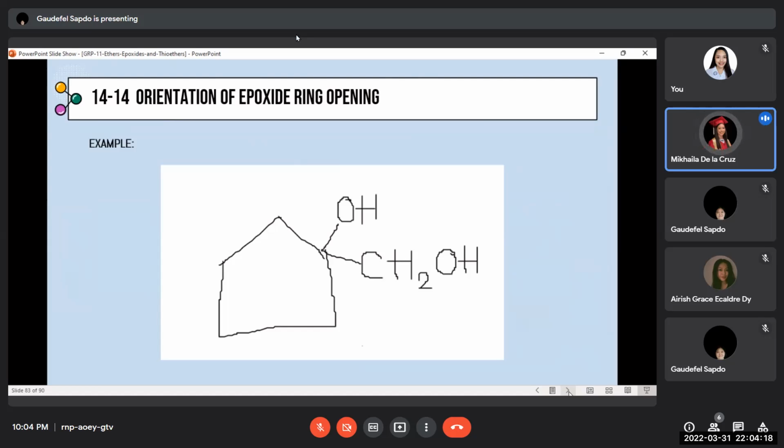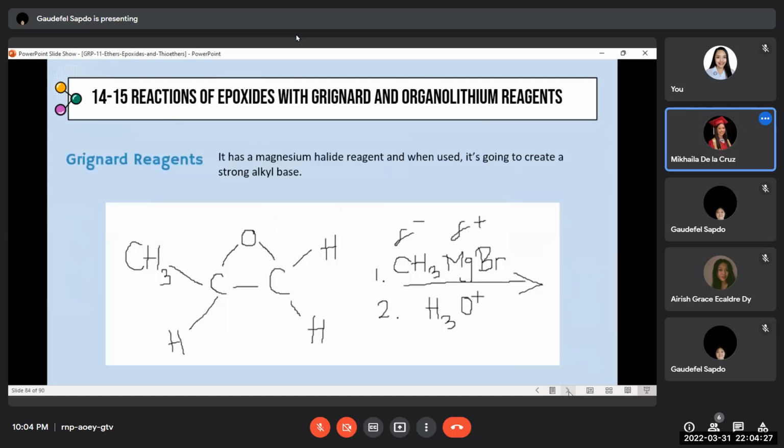So, we have what we call the Grignard reagent. Next slide, please. In here, we are going to have a magnesium halide reagent. And when we use that, it's going to create a strong alkyl base. For example, the structure is actually the same structure we used earlier.